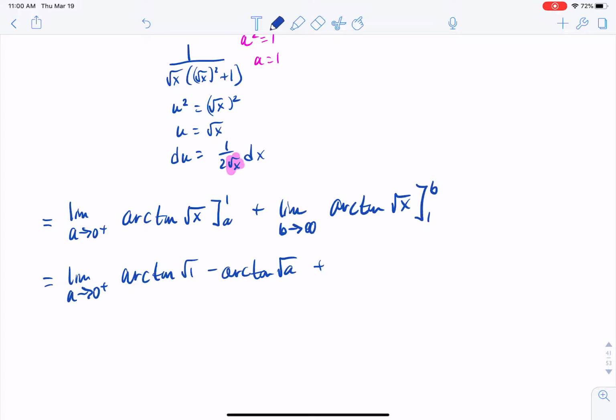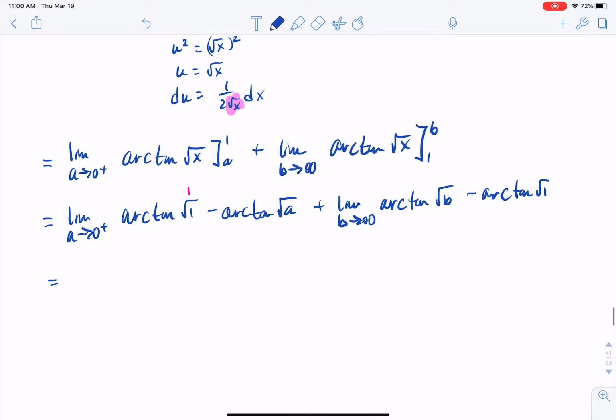And now let's do the second limit here. Limit as b goes to infinity. Arctangent square root of b minus arctangent square root of 1. Square root of 1, of course, is 1. So we're taking the arctangent of 1, and that is pi over 4.